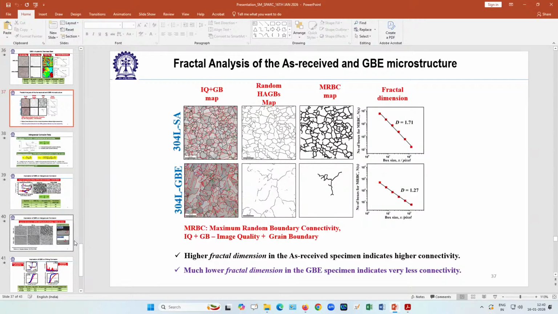Here it may happen that maybe 2 boxes will have the boundary, another 2 boxes there is no boundary. Then what we put, the box size is a function of number of boxes, and we keep on reducing the size of the box, and in that process, in this case you can see the curve's slope is higher, in this case slope is lower. So if I had a straight line one, I will have almost the same dimension.